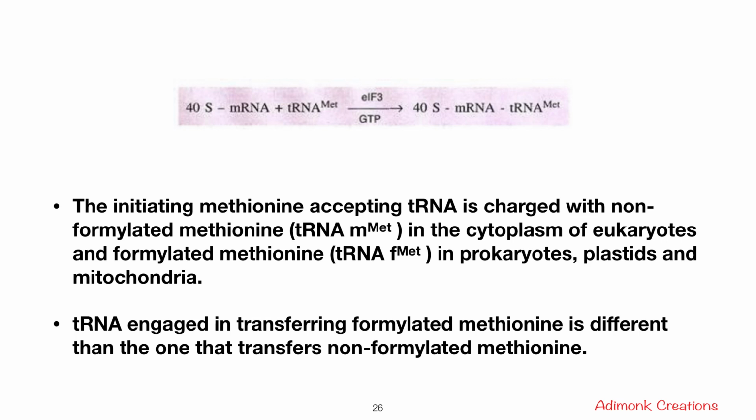The initiating methionine accepting tRNA is charged with non-formylated methionine in the cytoplasm of eukaryotes and formylated methionine in prokaryotes, plastids and mitochondria. The tRNA engaged in transferring formylated methionine is different from the one that transfers non-formylated methionine.